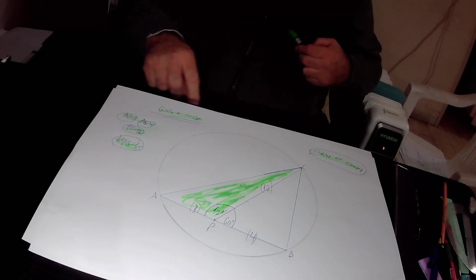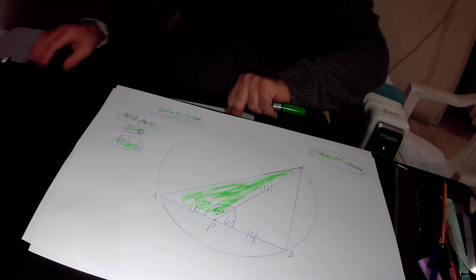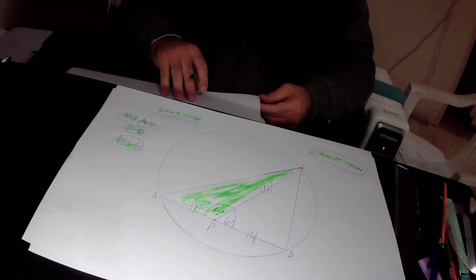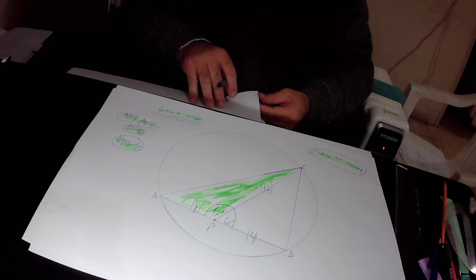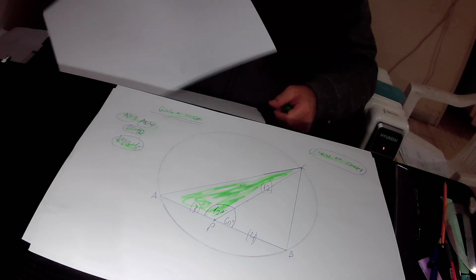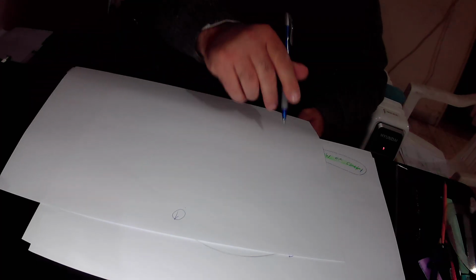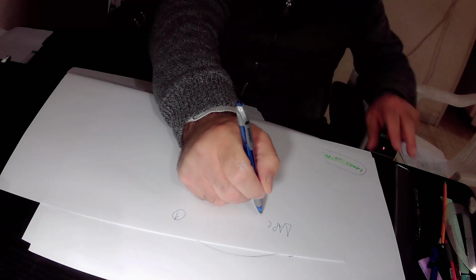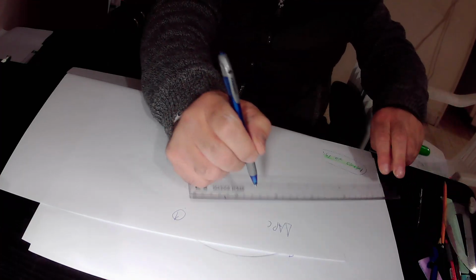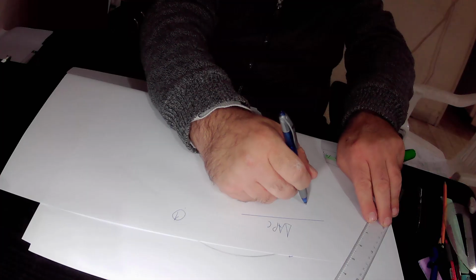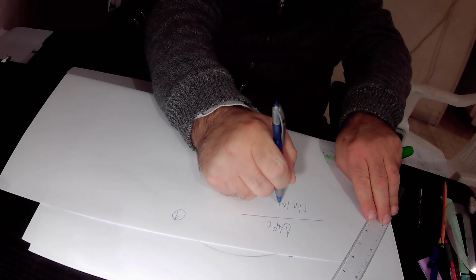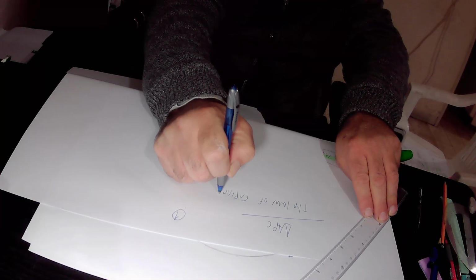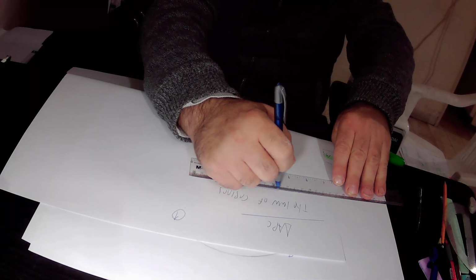So in this green triangle APC, according to the law of cosines, the following equation is true.